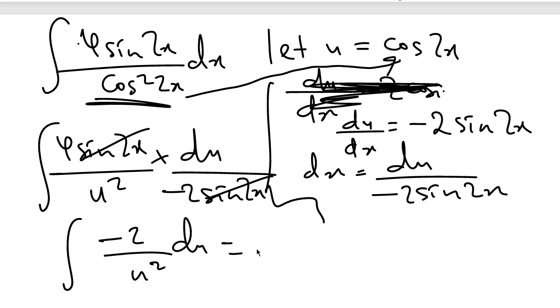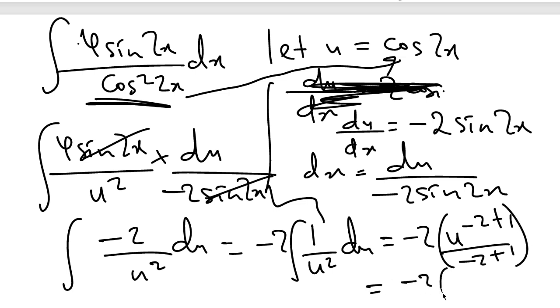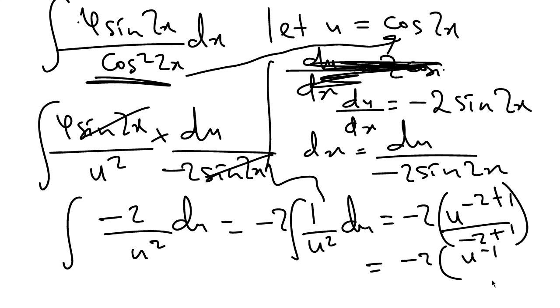So we could move the negative 2 over to become negative 2 times the integral of 1 over u squared du. And 1 over u squared is the same as u to the negative 2, so that's u to the power negative 2 plus 1 over negative 2 plus 1. And that is negative 2 times u to the negative 1.